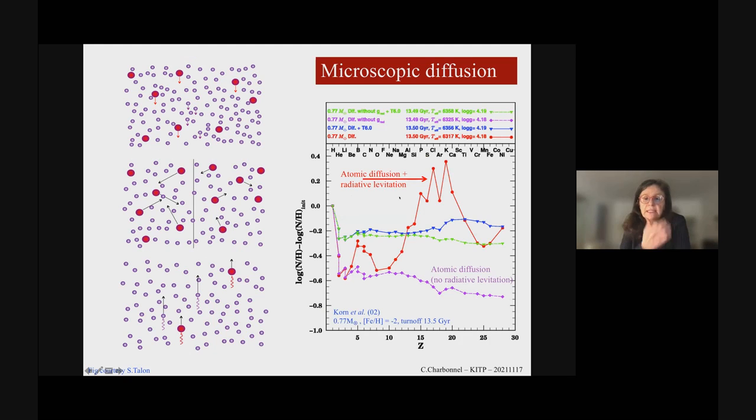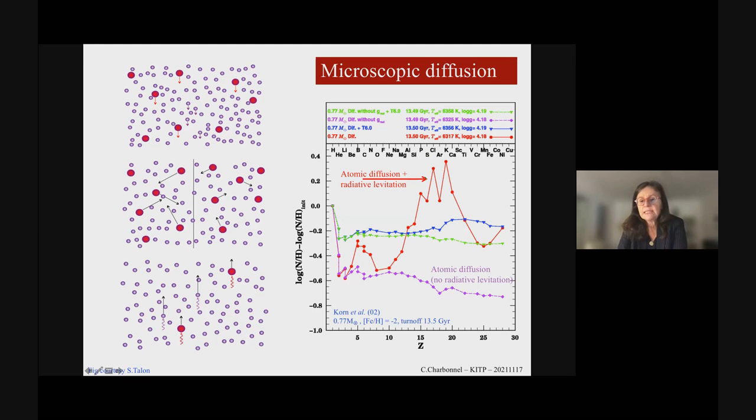So here in this figure, you can see the predictions of the abundances in the photosphere of a low mass star. I took this low mass star just on purpose, because usually we say it's in stars more massive than the Sun. But actually, this star is a low metallicity star. Hence, it has an effective temperature which is higher than that of the Sun.